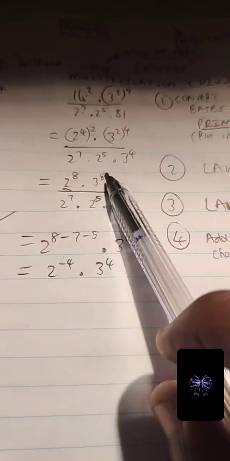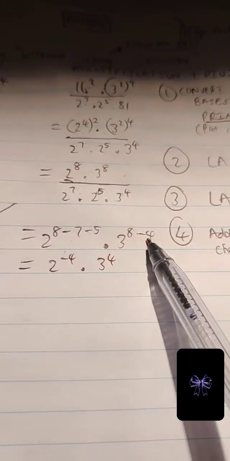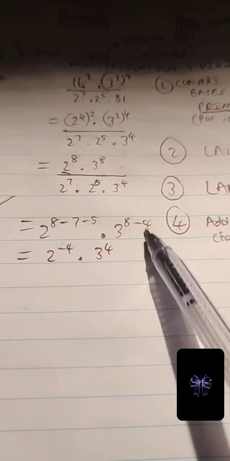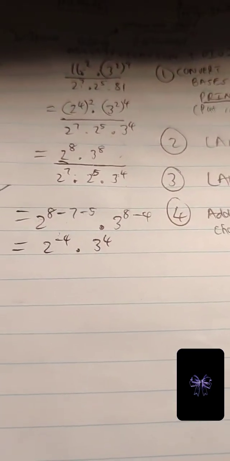So 7 had moved, 5 had moved, that's why we changed the exponential sign. 4 had moved, that's why we changed his exponential sign. But these guys remained with their signs in the numerator. Then we get that we don't express a final answer as a negative exponent. So that means what?